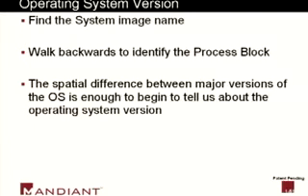The spatial difference between the address of the string name and the beginning of the eProcess block is actually enough to tell us the major version of the OS. So that will tell us whether we're running on Windows XP versus Windows 2003 versus Vista and so forth.